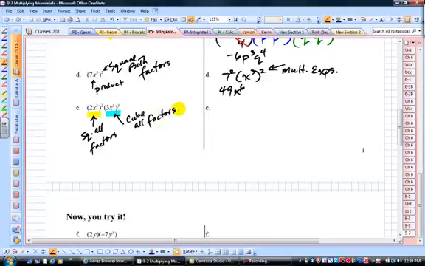Again, I'm not going to skip any steps today. I'm going to take it step by step because we want to develop good habits, good skills. Okay, here we go. The factors are 2 and x cubed here. We're going to square those. So I have 2 squared times x cubed squared. That's my first.